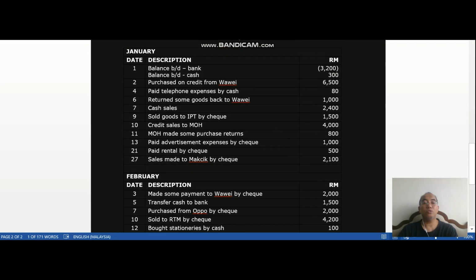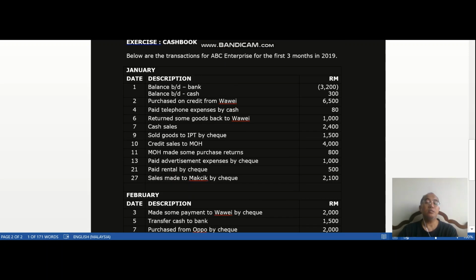To settle this question, I suggest we do the journal entry, because the journal entry shows you what should be debited and what should be credited. What I'm concerned with is that the word cash and bank should appear in your journal entry.